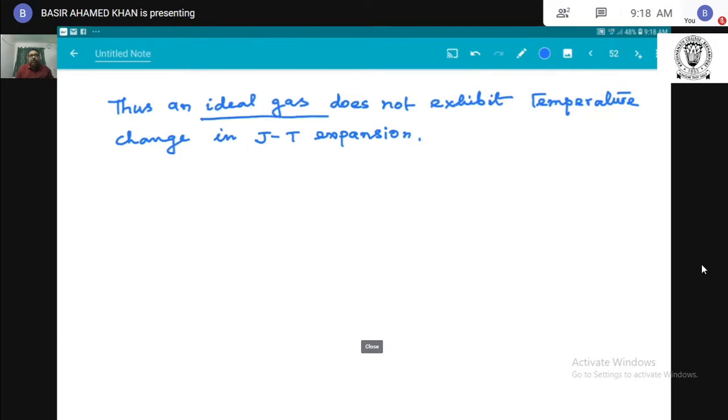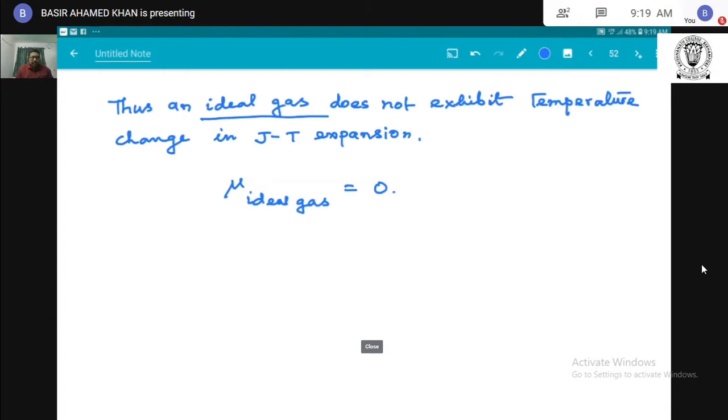Okay, but the reverse, here we see that mu for ideal gas equals 0. That means when mu is 0, there is no change of temperature in the JT expansion. But the reverse is not true.